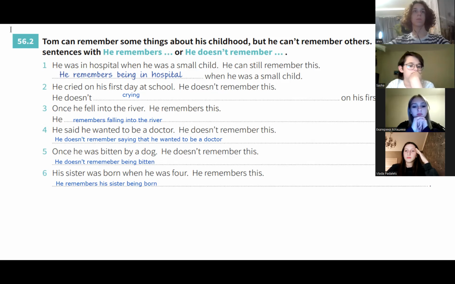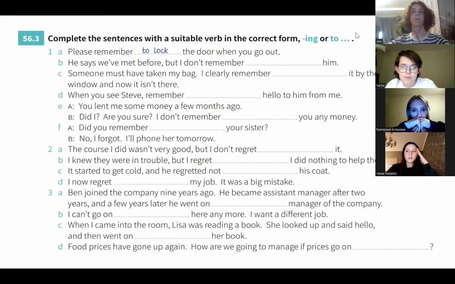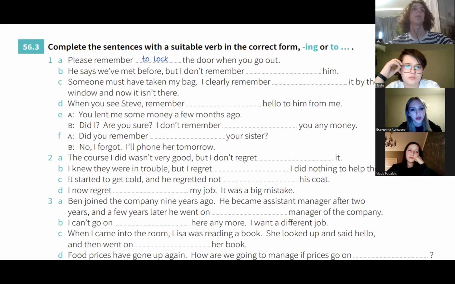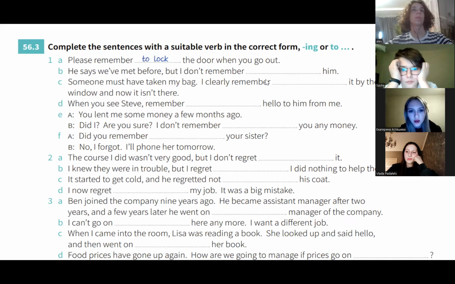Okay, let's see how it goes on. All right. Suitable verb in the correct form, ing or infinitive. Let's start with Katya. He says we have met before, but I don't remember meeting him. Everybody is welcome to write in the chat while Katya is thinking, okay?